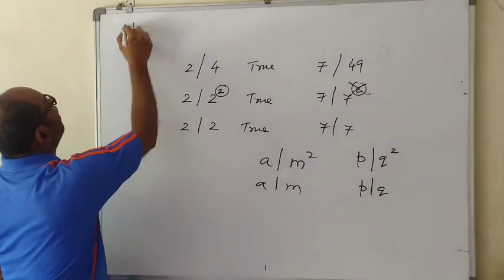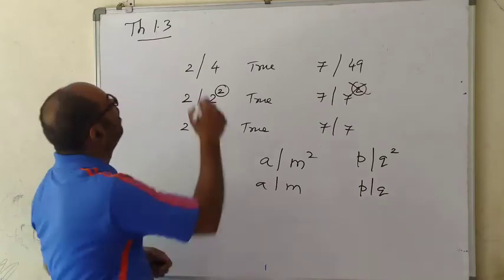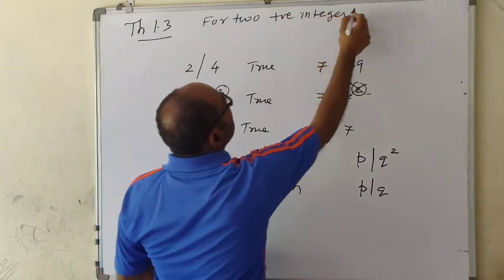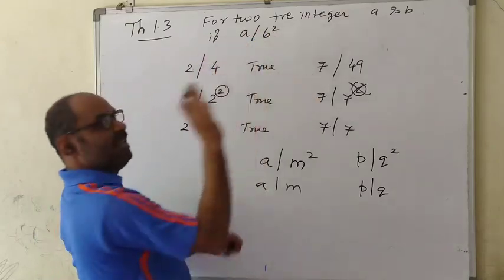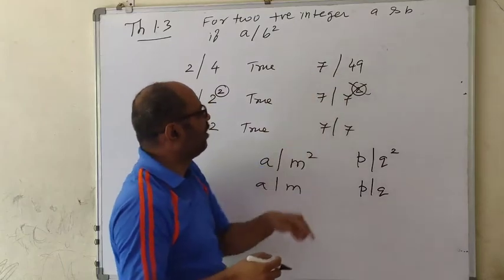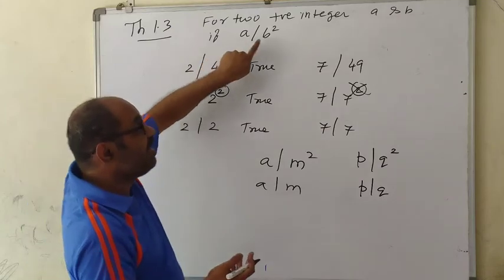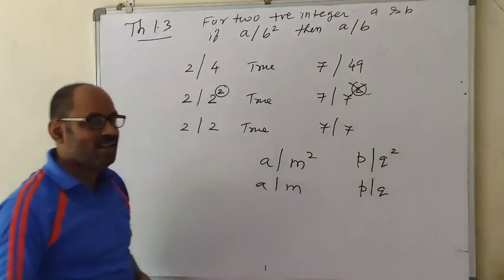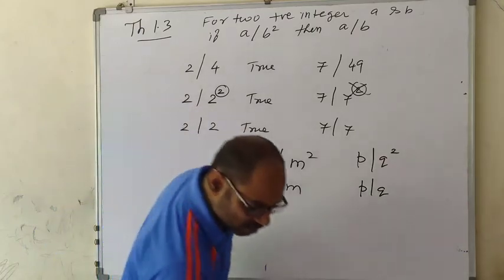For two positive integers a and b, if a divides b square exactly, as I have chosen 7 and 49, or 2 and 4, any two positive numbers such that a divides b square exactly, then a always divides b. This is the statement of Theorem 1.3 which we'll be using quite often in that proof.